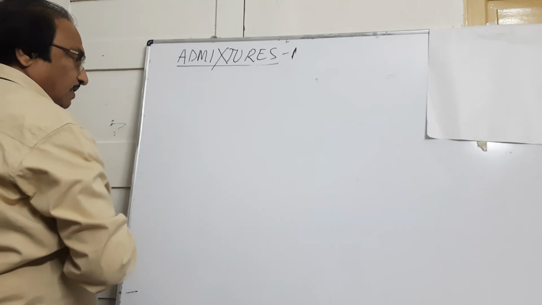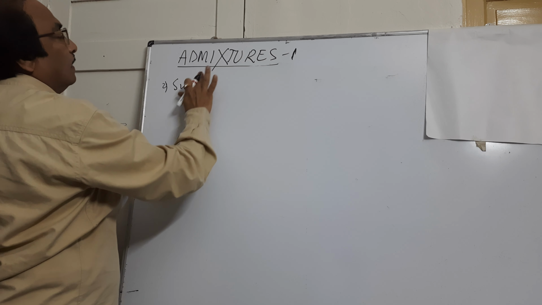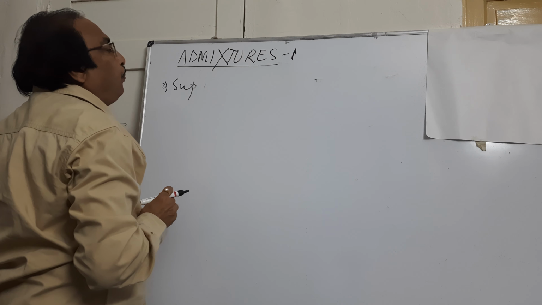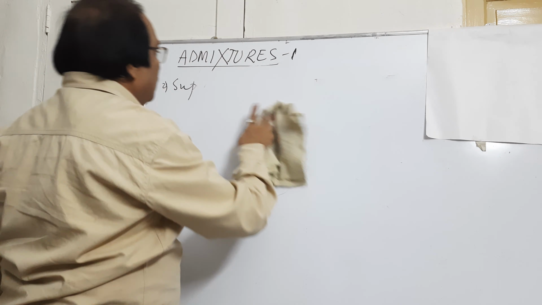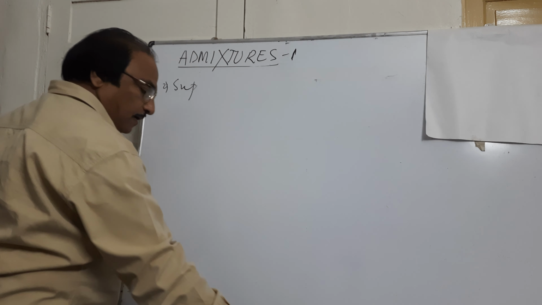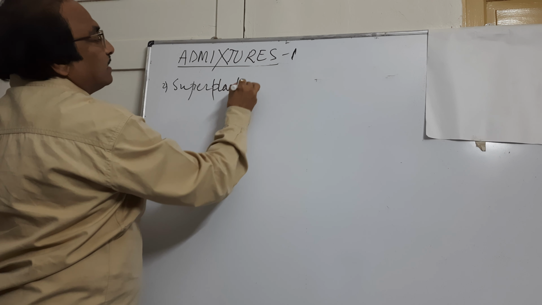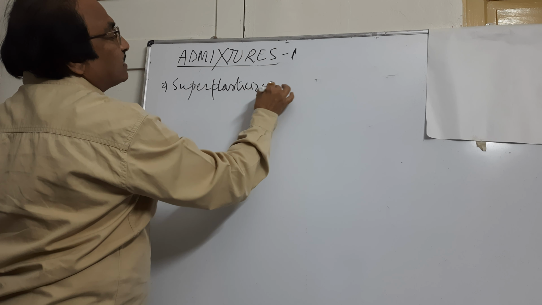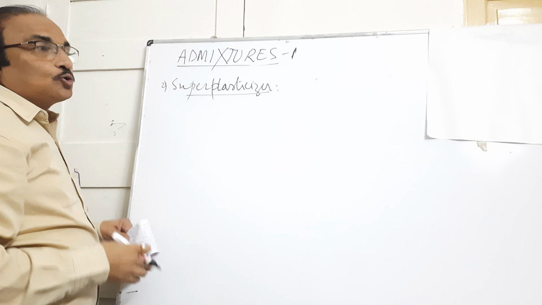The next type of admixture is superplasticizer. We have seen the term plasticizer, they are water reducing agents.